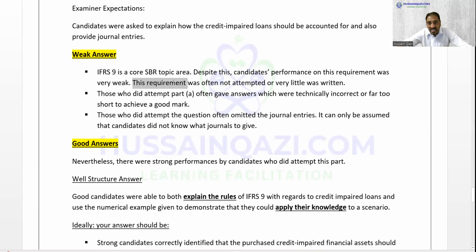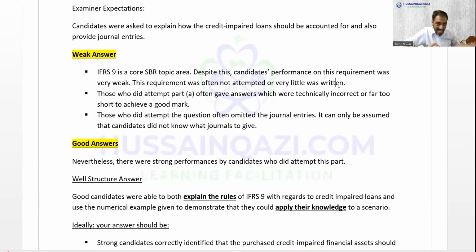If the examiner complains that this requirement was often not attempted and very little was written, try to overcome this point. First, start writing with your comfort, with the easy marks, and then enter into the question, irrespective of whether things become right or wrong. So two steps.